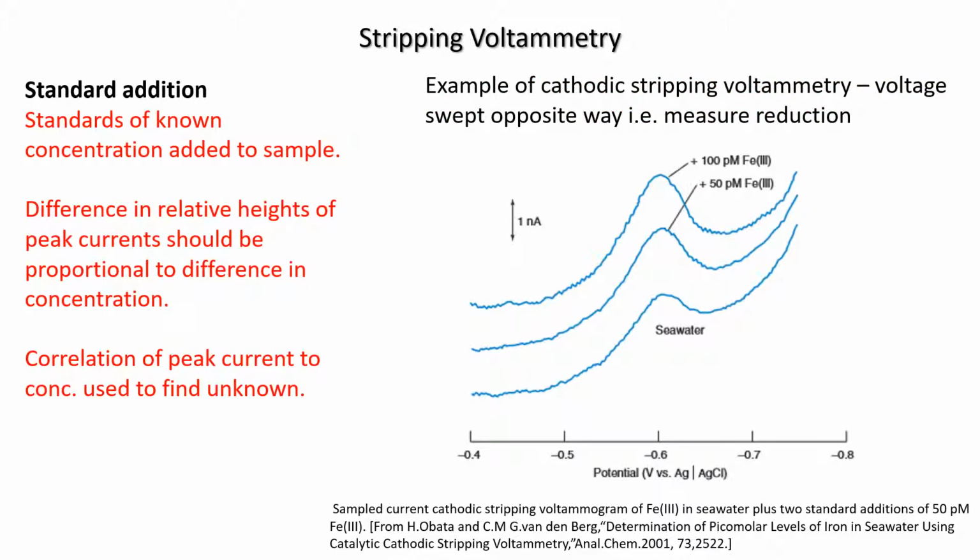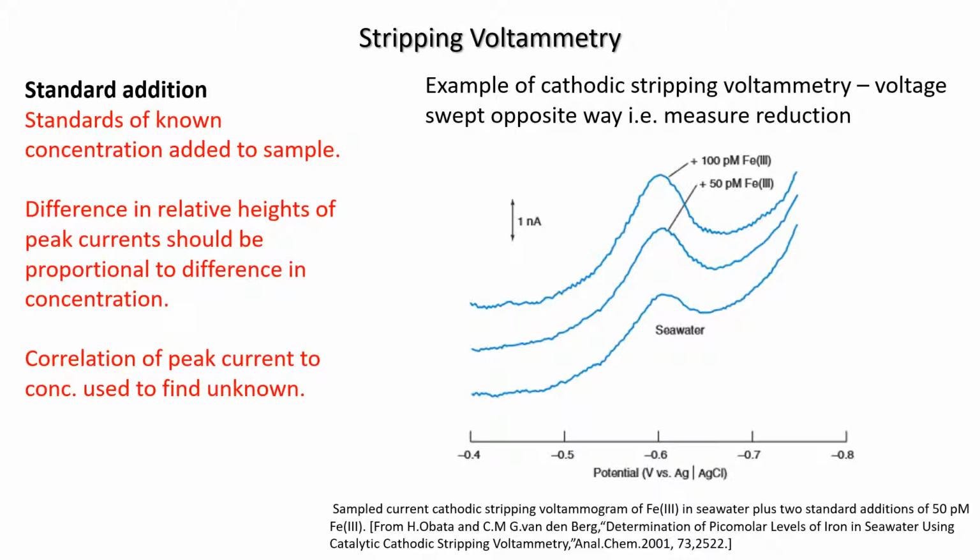The concentration of iron 3 in the seawater has been ascertained through standard addition. So standard addition involves standards of known concentration being added to the sample so that we know precisely the amount of iron 3 added. The difference in relative heights of the peak currents should be proportional to the difference in the concentration.